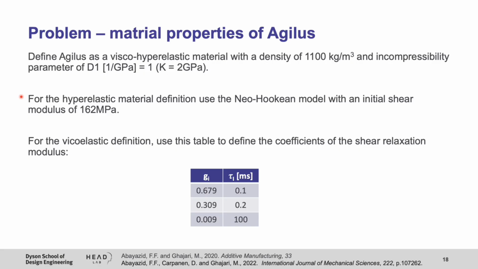For the viscoelastic definition, use this table to define the coefficients of the shear relaxation modulus at 3 characteristic times. So essentially this shows how much this initial shear modulus is reduced at different times. I have solved this problem in a supplementary video which I invite you to watch.